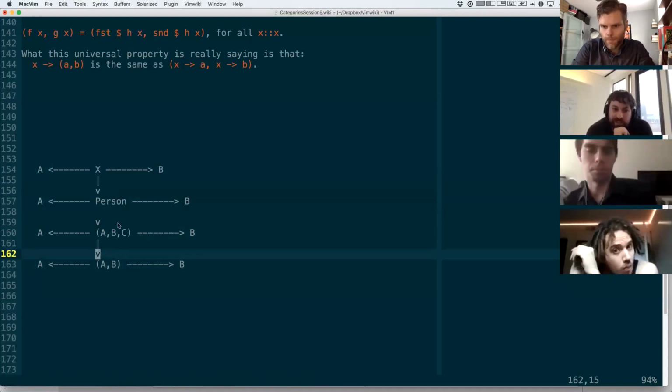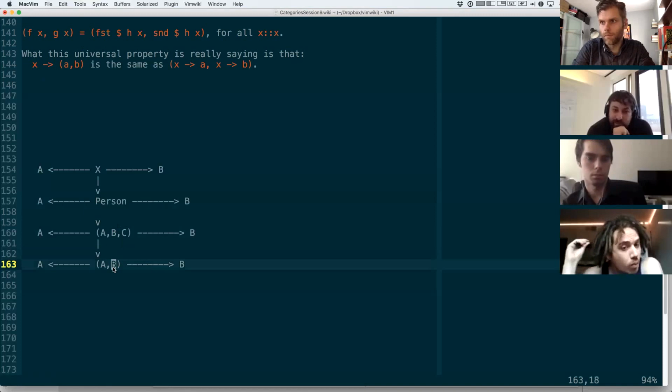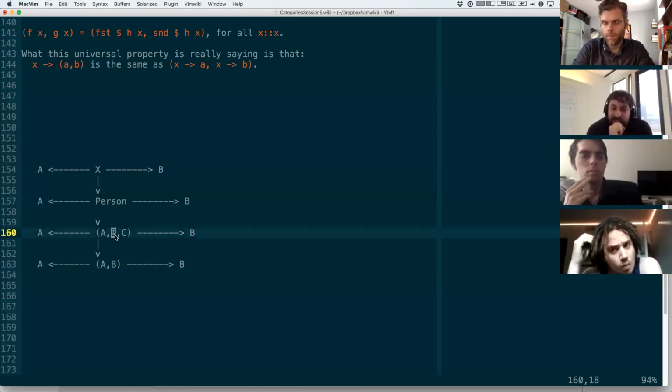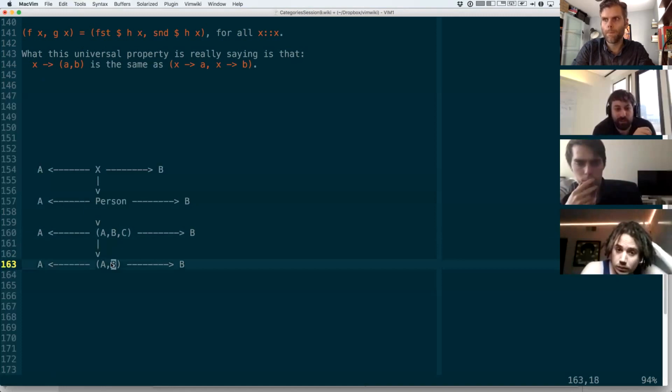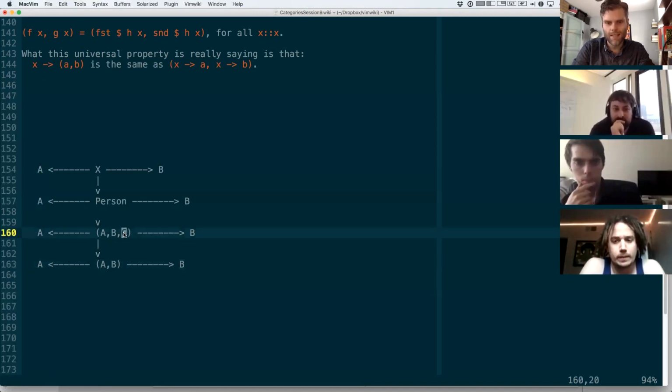When you project from that bottom type, A, comma B, back to say the triple, can't you pick any C? So how is the arrow back from a tuple to a triple? There is not necessarily an arrow that goes back. You can't go from A and B to A, B, and C without a C. But you can do up to isomorphism.